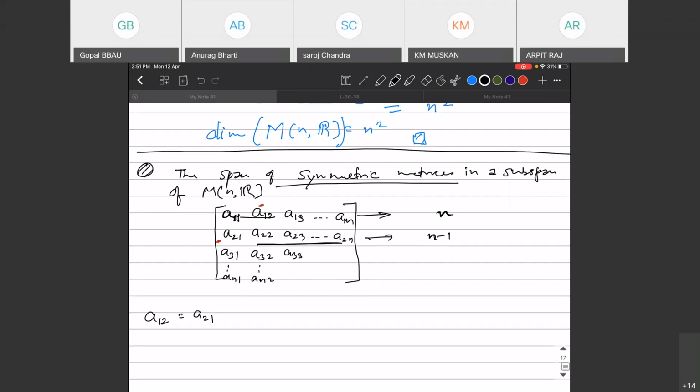So here you have freedom for n entries. In this part, you have freedom for n minus 1 entries. Then freedom for n minus 2 entries, and so on. At the end, you would be left with only one entry, that is Ann.